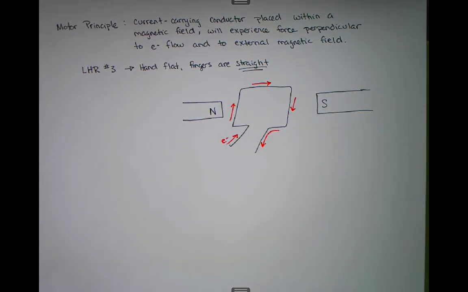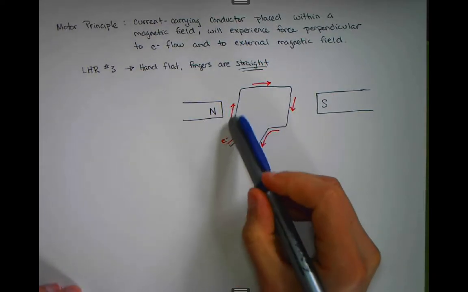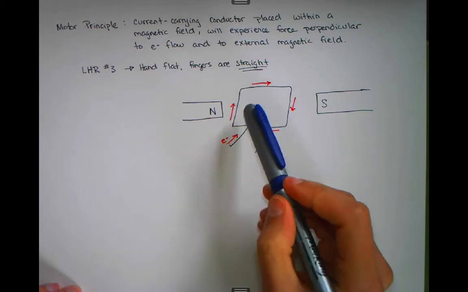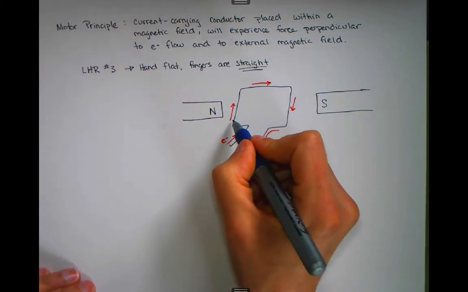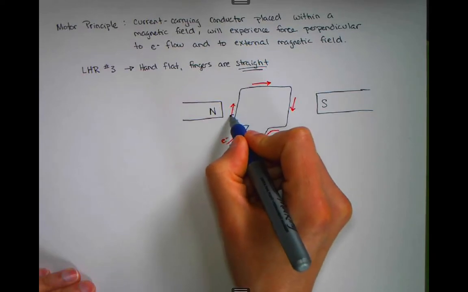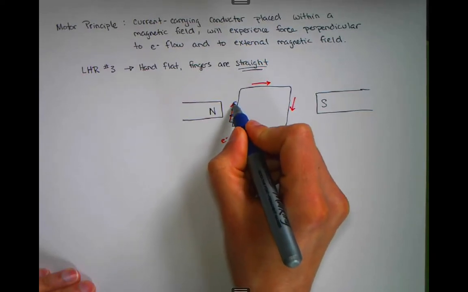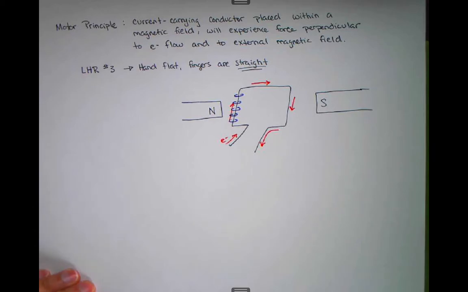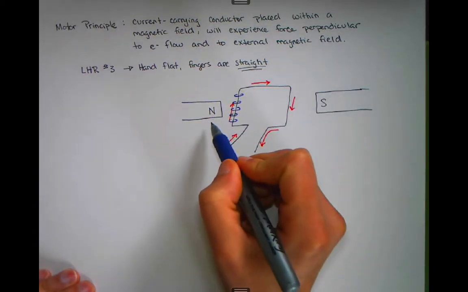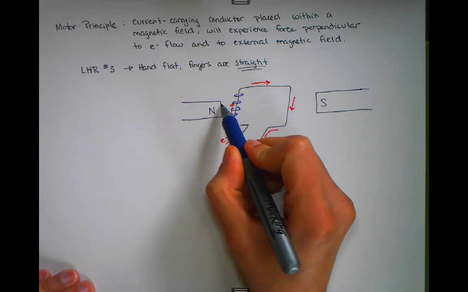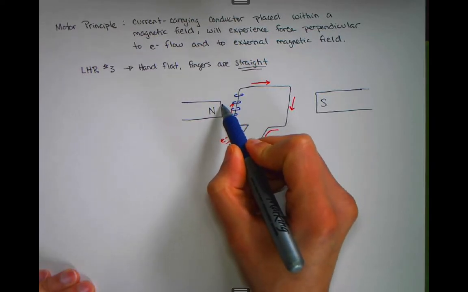Now, the other thing to remember: when I have a current going through this wire, there's a magnetic field that gets generated around the wire. So you have these little circles around this wire that represent the magnetic field here. And then you also have the magnetic field from the bar magnets itself. I'm going to draw this. My diagram's going to get a bit messy.